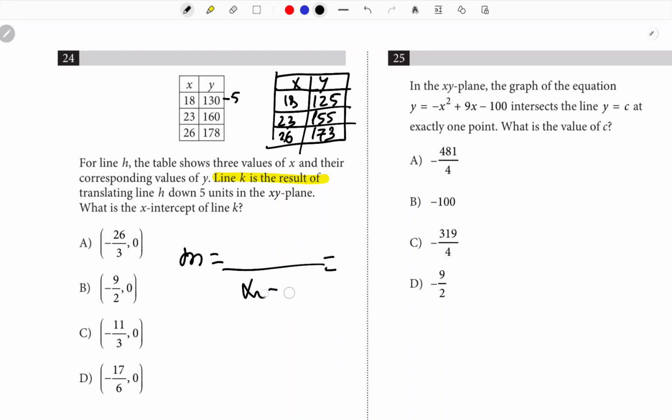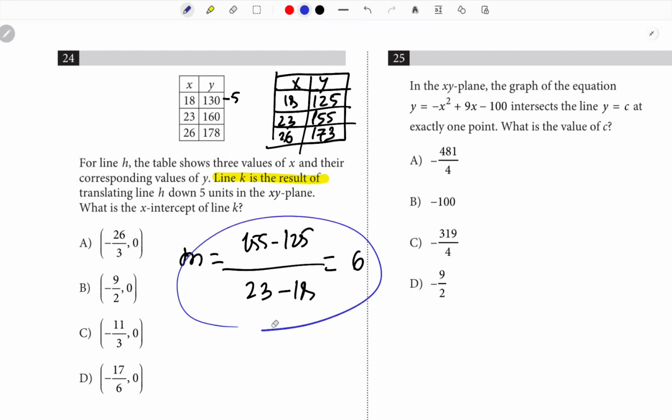Okay, and I write here 155 minus 125 over 23 minus 18. So it gives us 5 here and 6. It gives us 6. Okay, and it's our slope.